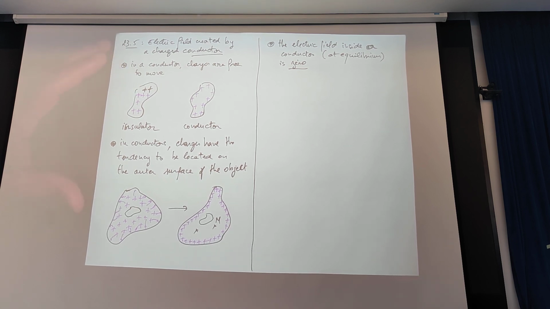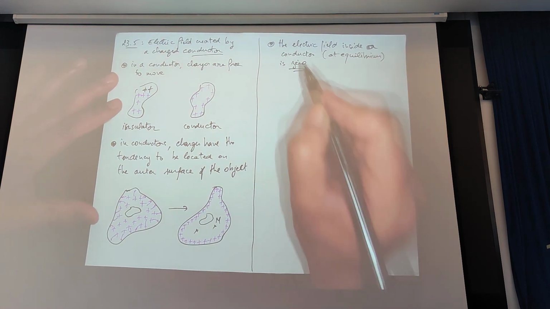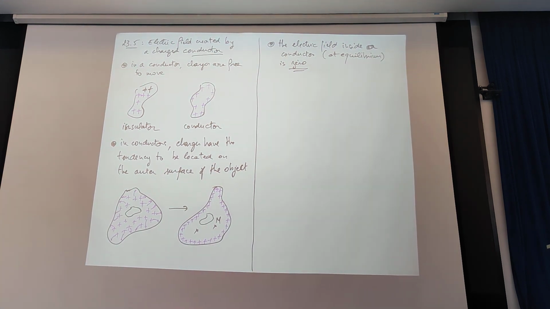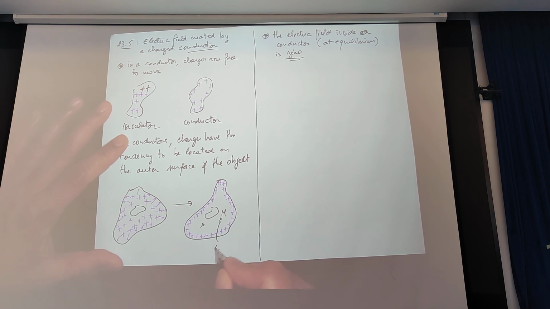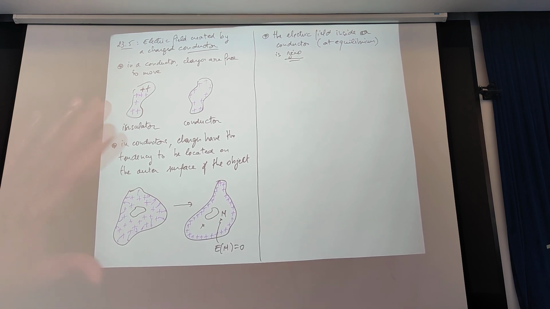There will be a force acting on the charge, right? And so the charge will continuously move inside the conductor. And at the equilibrium, of course, it is not the case. You understand what I mean? So inside is 0. Okay? So here, E of M equals 0.